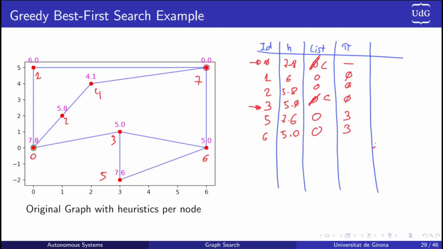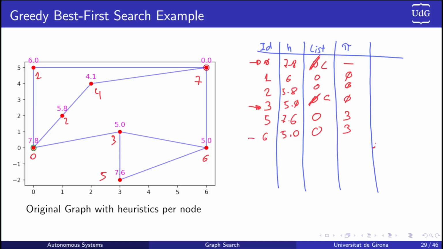That's all. This algorithm is pretty fast to execute. You see, I have to compute almost nothing. Again, in the open list the heuristic is 6 for 1, 5.8 for 2, 7.6 for 5, and 5.0 for 6.